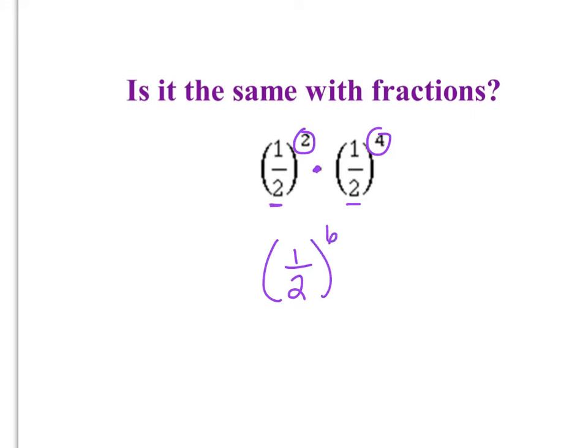I need to keep it in parentheses because if I just do this, 1/2 to the sixth power, it looks like I'm just raising the 1 to the sixth power, not the whole fraction. So I need to keep the fraction together in my parentheses, and that tells me I need to do 1/2 to the sixth power, or 1/2 multiplied 6 times.